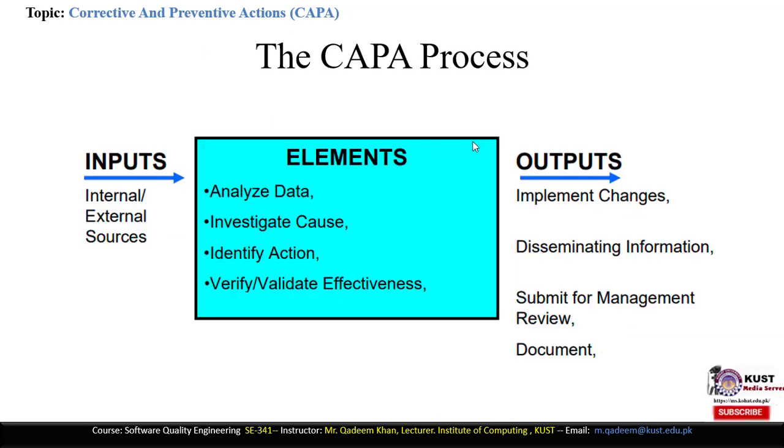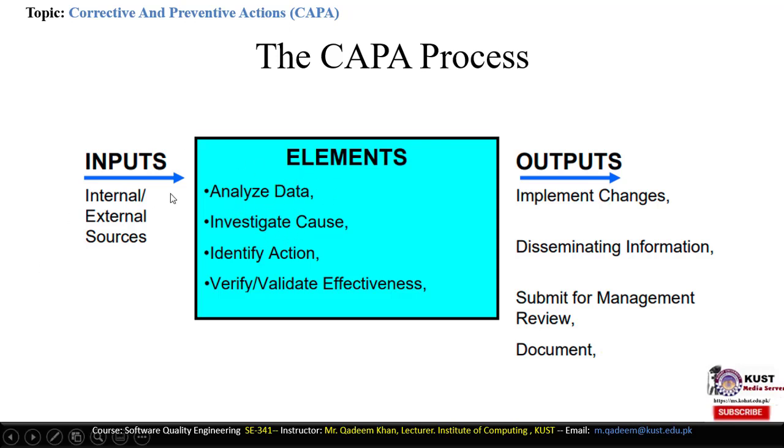The CAPA process, that is the corrective and preventive actions process. The input for the CAPA is the internal or external sources. The internal or external sources means that, for example, the source code, the documentations, and the feedback of the customer as well. So these act as an input for the process. And when these inputs occur, then the elements are executed.